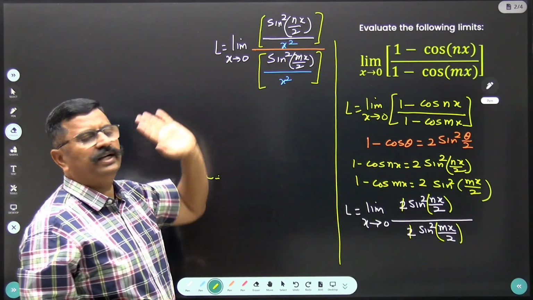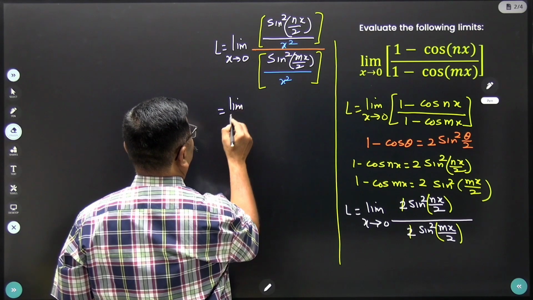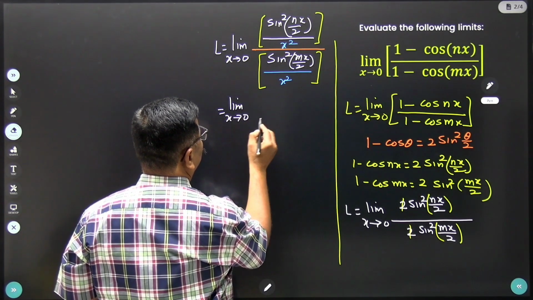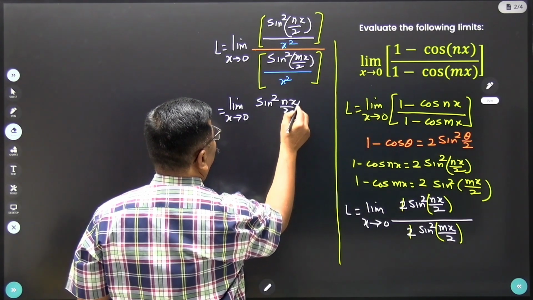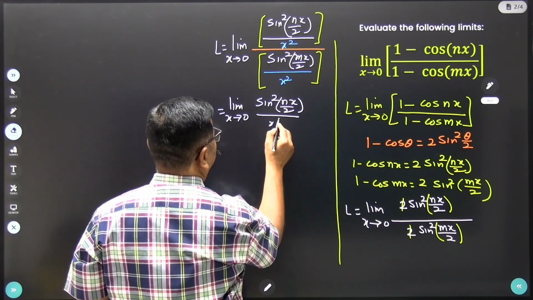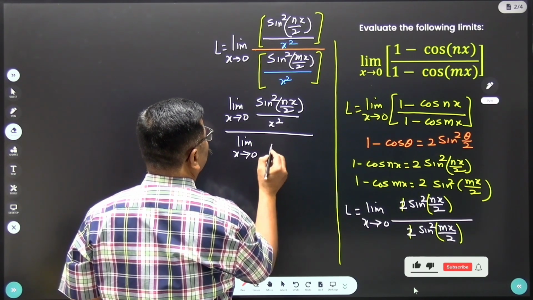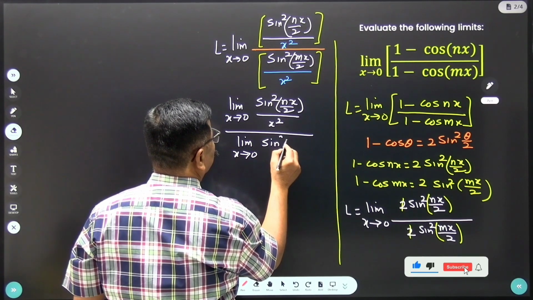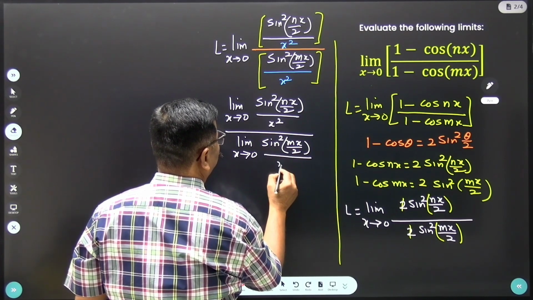In both cases, x tends to 0. So let's write this. So therefore, limit x tends to 0, sin square nx by 2 whole divided by x square divided by limit x tends to 0, sin square mx by 2 whole divided by x square.